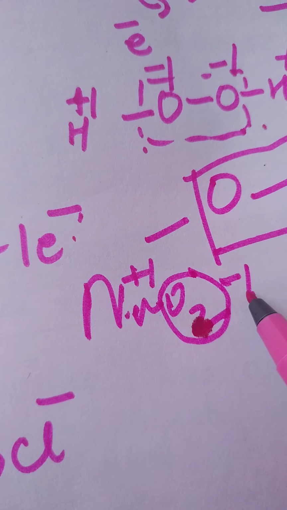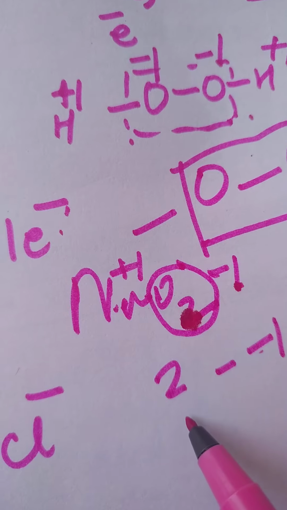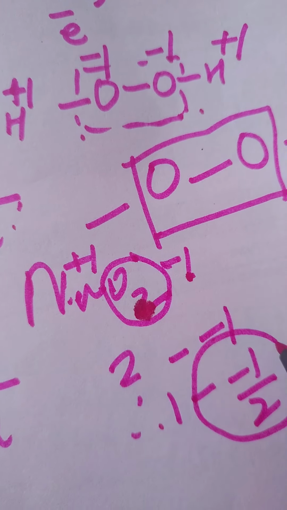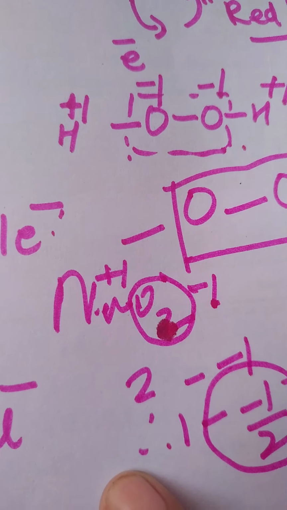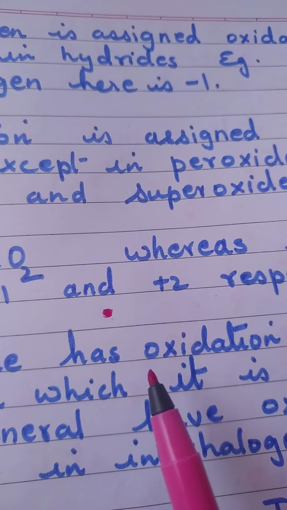Now the two atoms together have -1 charge, therefore one will have -1/2. So this will be the oxidation number of oxygen in superoxides, like KO2 and NaO2.